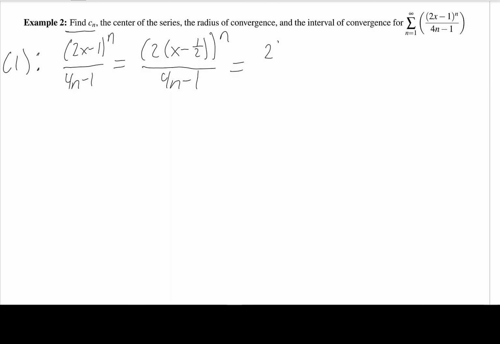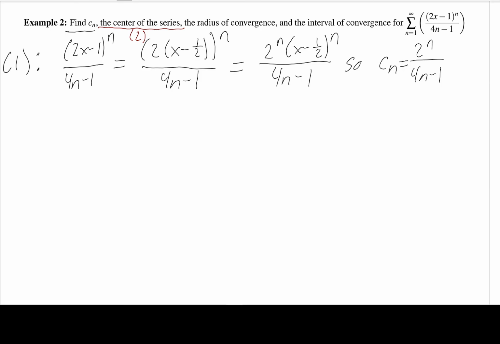Well, that's the same thing as 2 to the n times x minus 1/2 to the n over 4n minus 1. So c sub n will be equal to 2 to the n over 4n minus 1. Now, like I mentioned last time, once you've done this, it's relatively easy for us to find the center of the series, because now we just use this part right here.